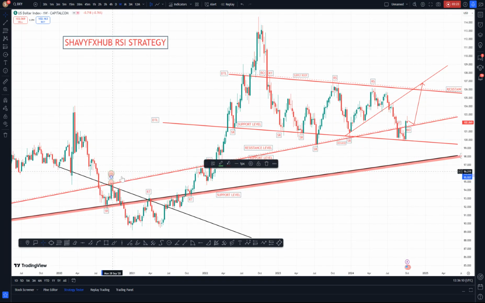So the price came here and retested the structure again. We now have an ascending resistance structure, and a break of this structure will turn it into a demand floor, because the previous resistance broken will become a support.